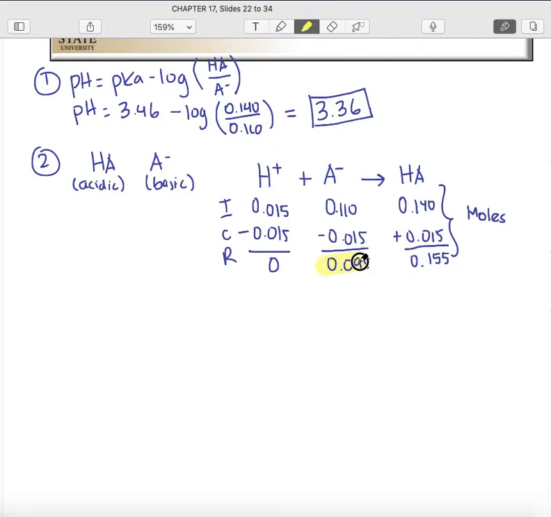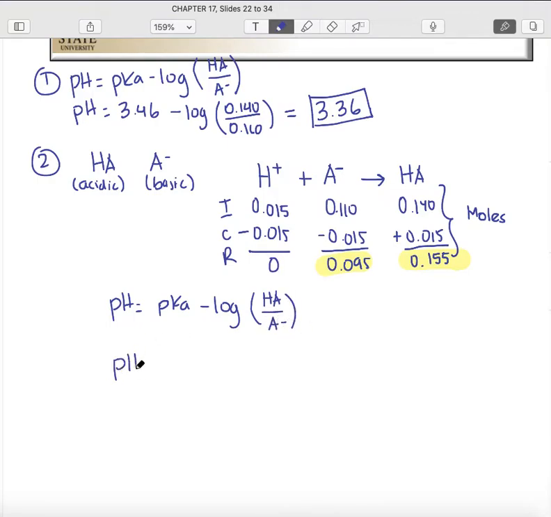Now that we have the new values of the buffer components, we're going to use those new values in the Henderson-Hasselbalch equation to calculate the pH of the new solution. So now the pH, again, is equal to the pKa, because we already calculated the pKa, minus the log of my HA, either moles or concentration, and in this case I'm going to use the moles directly, divided by my A minus.